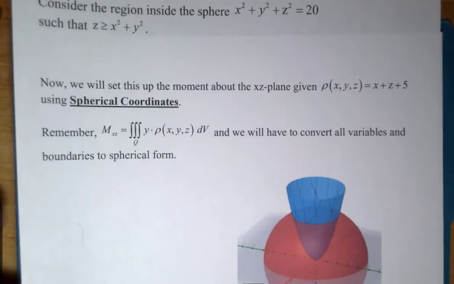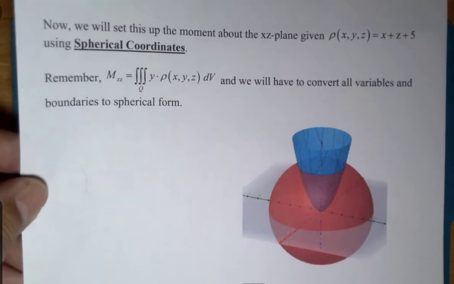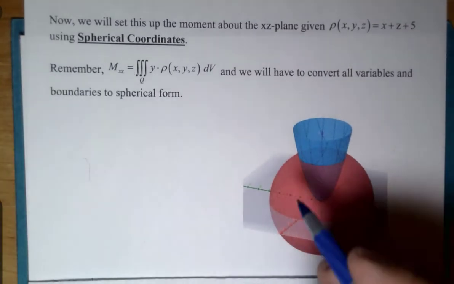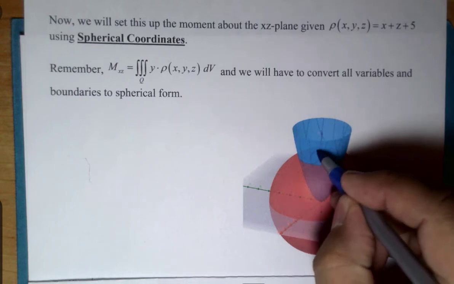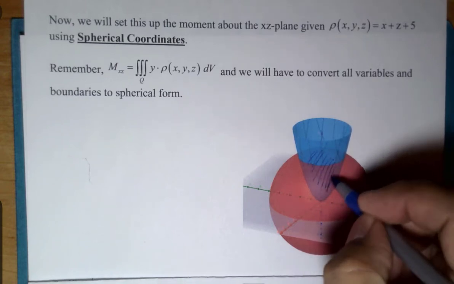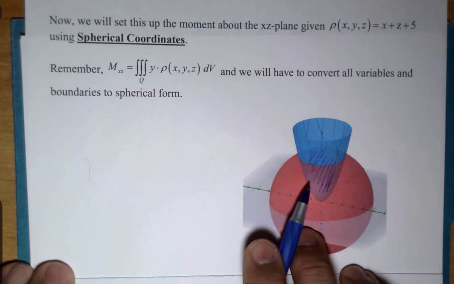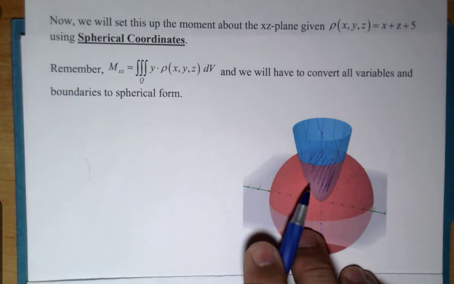The region itself looks something like this image here, and it's inside of the sphere but within the bowl. We were able to show that this circular top view is a circle of radius 2, and the side view looks a lot like a parabola, and we're going to use that information to assist us setting up the boundaries for the spherical integral as well.